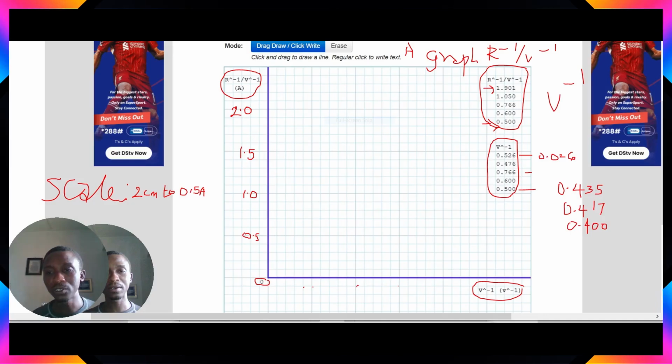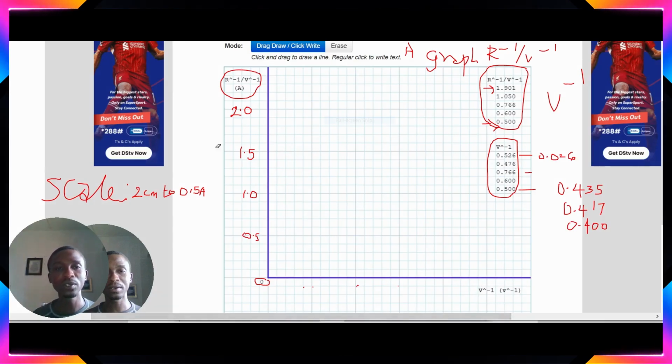Okay, so with this, we are moving from 0.4 to 0.526. So we say that here is 0, let's say 0.2, 0.4, 0.6. That will not be large enough. 0.1, 0.2, 0.3, 0.4, 0.5, 0.6. I think this is okay. We can manage this.